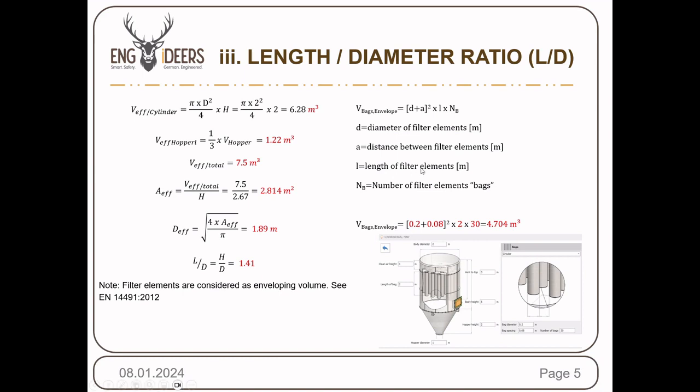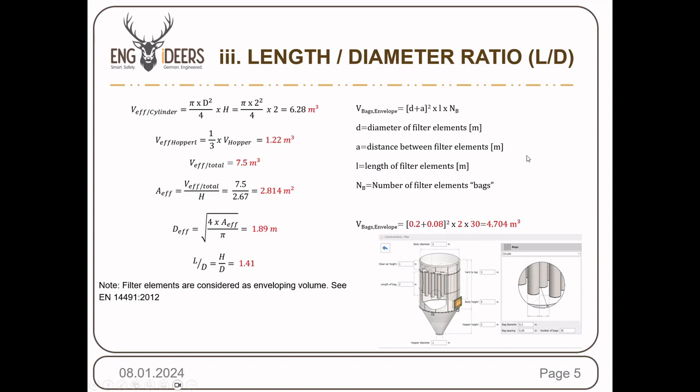There is also a rule in the EN 14491 which basically says that you can deduct the volume of the filter elements from the explosive volume, so from the raw gas side.